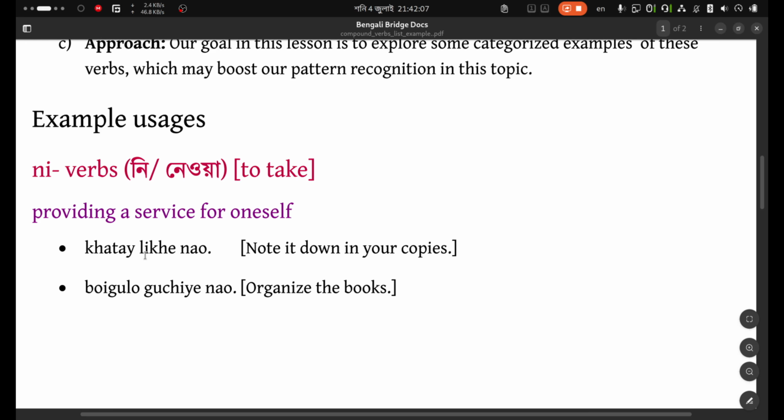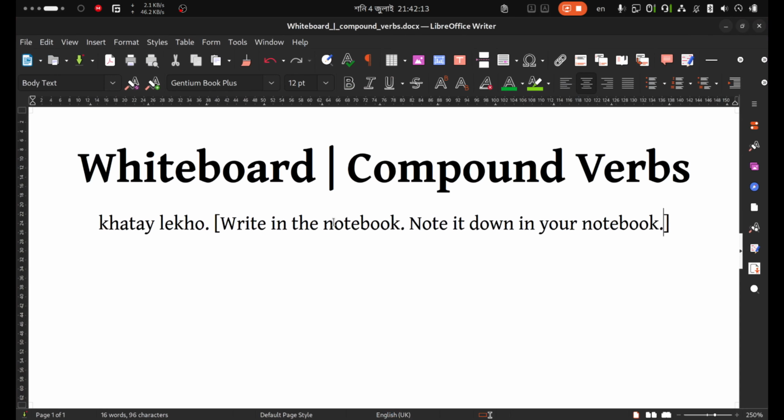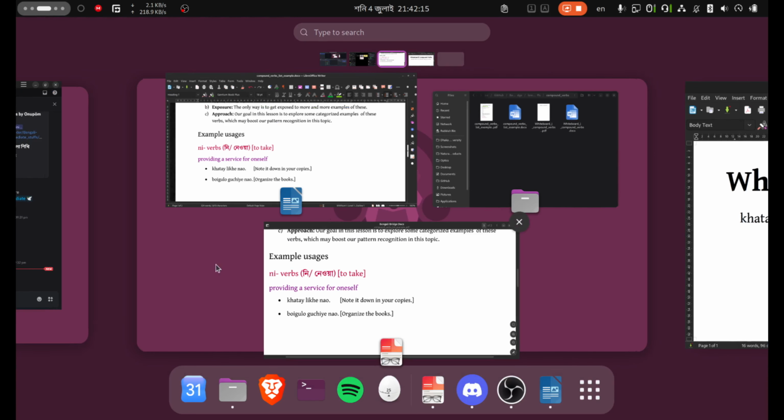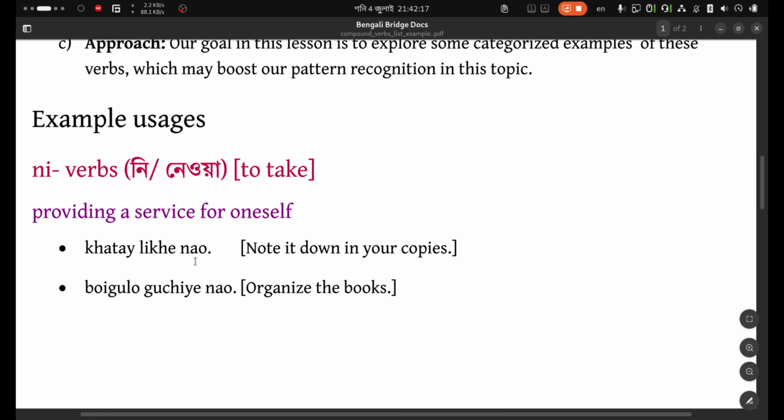Since instead of saying khatai lekho, I have said khatai likhe nao. So, what is changing in the meaning? Khatai lekho, write it down in your copies. Khatai likhe nao. So I could say it like write it down.